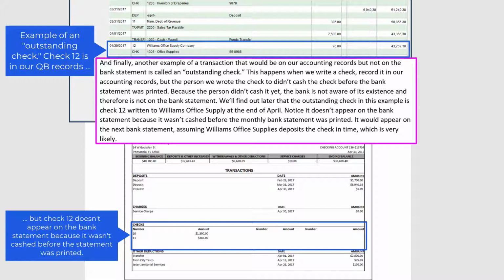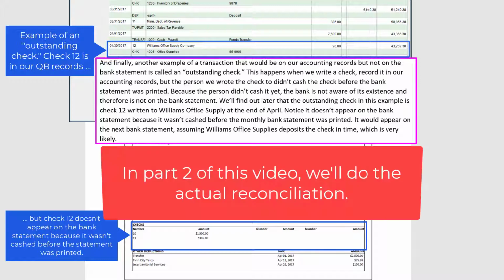We'll find out later that the outstanding check in this example is check 12, written to Williams Office Supply at the end of April. Notice it does not appear in the bank statement because it wasn't cashed before the monthly bank statement was printed. It would appear on the next bank statement, assuming that Williams Office Supply deposits the check in time, which of course is very likely.